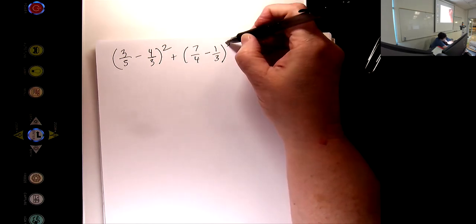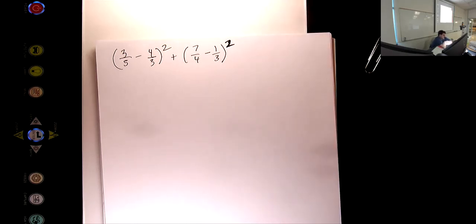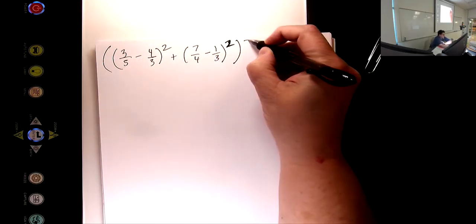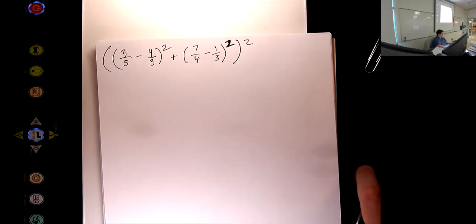Maybe we should just go with squared. I don't know how big a numbers I'm generating here. Oh, what's that? Parentheses within parentheses.